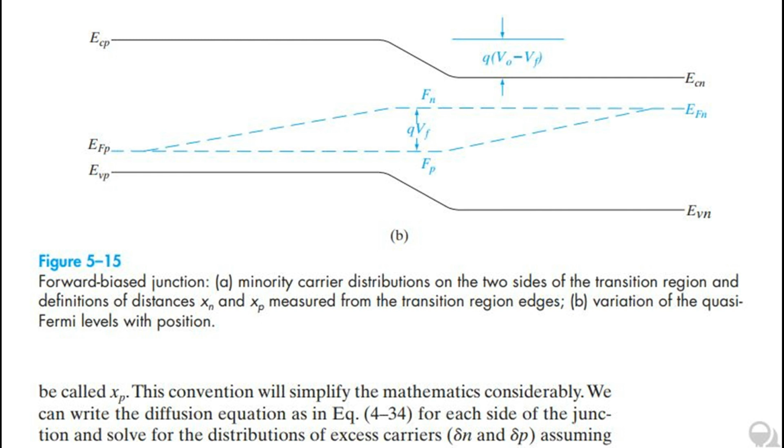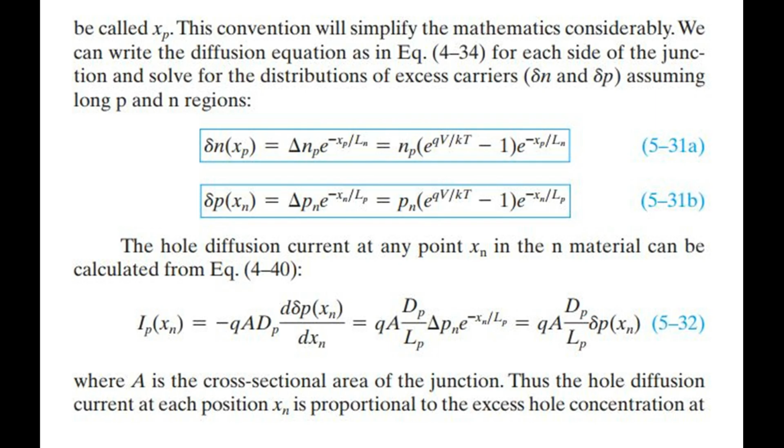The total hole current injected into the N material at the junction can be obtained simply by evaluating Eq 5.32 at xn0. By a similar analysis, the injection of electrons into the P material leads to an electron current at the junction.